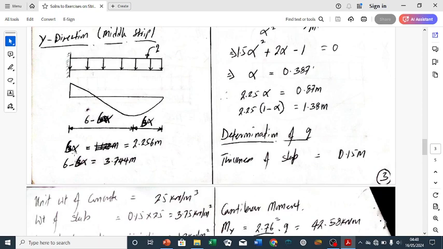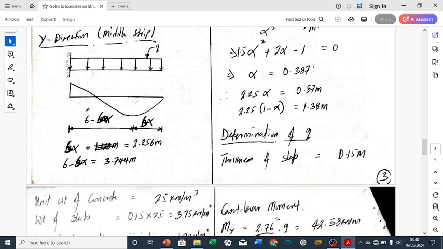So that means 6 alpha is 2.256 and 6 minus 6 alpha is 3.744. These values are important because it marks where you're going to take the division between what you're using as a cantilever moment and what you're using as a maximum span moment.